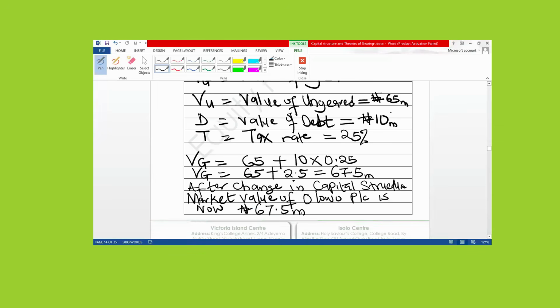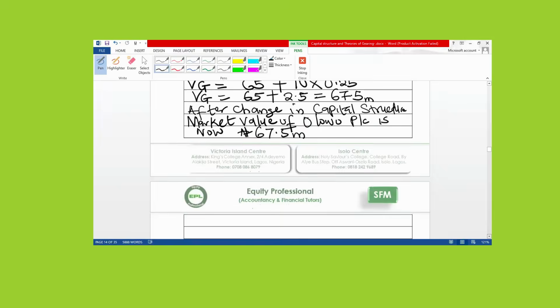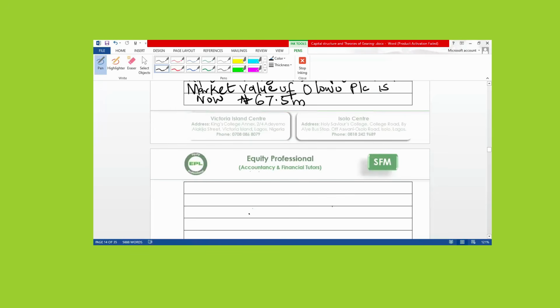You are done with requirement A1. You can separate the value. This is the total market value of Olowo.